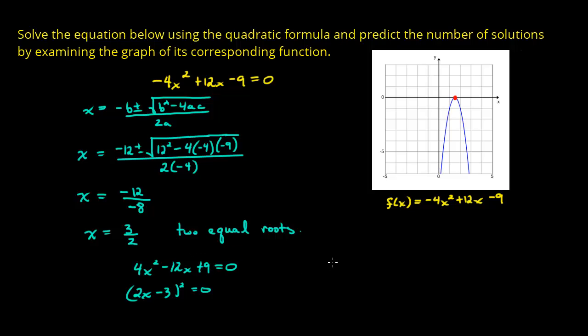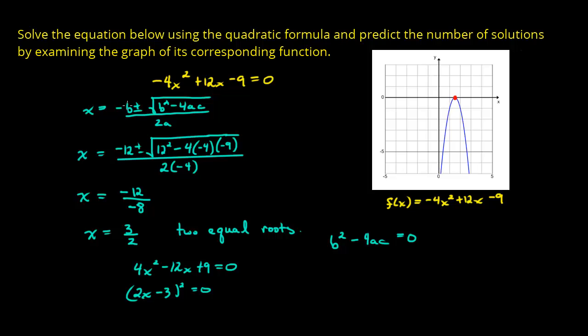Now, if you look at the value of b squared minus 4ac in this example, it was equivalent to 0. So any time that you have b squared minus 4ac being equal to 0, you'll always get two equal roots in the quadratic formula.